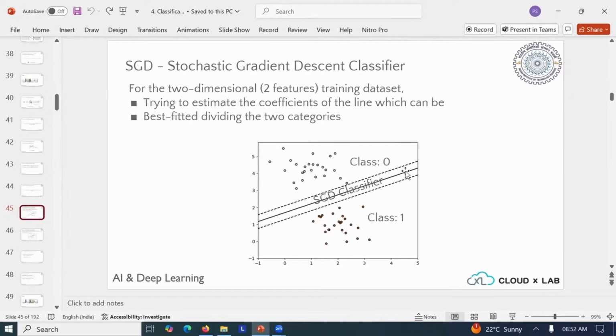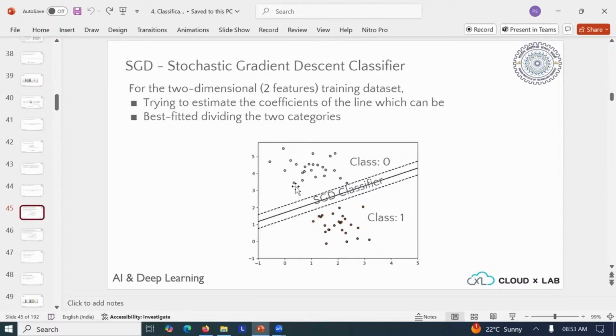Greater than 0, right? Because all these points lie above this line. So if you put any value in this equation of line, we will get a positive value. For example, let's say the equation of this line is 2x plus 3y equal to 0, where we have x feature and y feature. Let's say we have some point x1, y1.